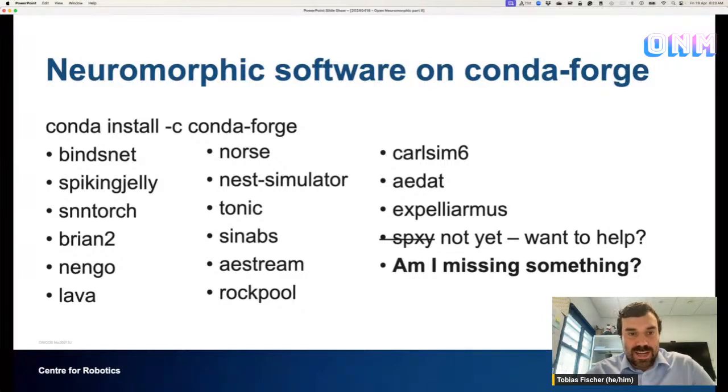As someone who's at the intersection of robotics, vision, and neuromorphics, I put a lot of those neuromorphic packages on Conda Forge, such that you can install them on all different platforms with a single command. It's literally conda install, and then you just type the name of the package.